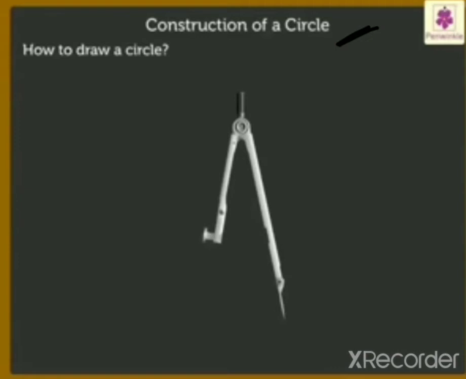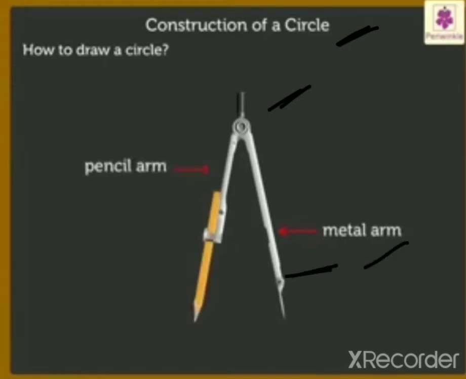So this is a divider, you can see in this picture. This is a picture of a divider. We call it a compass. It has 3 parts. This part is the metal arm. There are 2 arms: one is the metal arm and the second is the pencil arm.